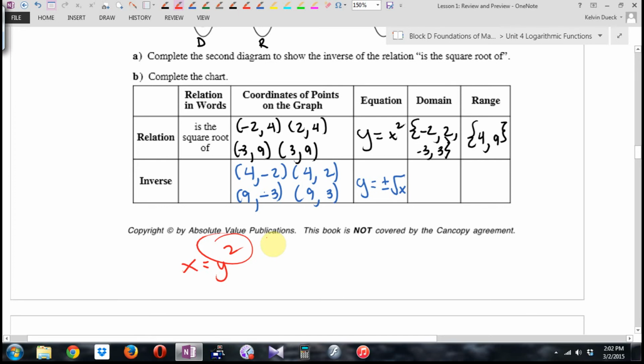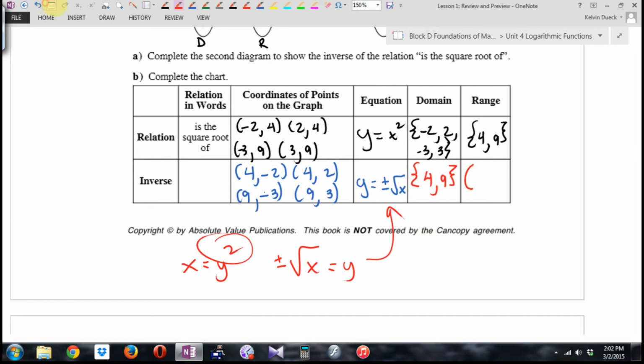It's going to be plus or minus the square root of x equals y. That's why that has to occur. This is going to give you a range of 4 and 9 and a domain of negative 2 and 2 and negative 3 and 3.